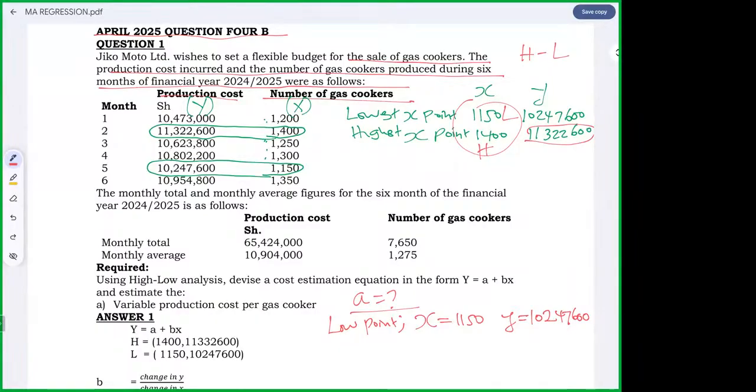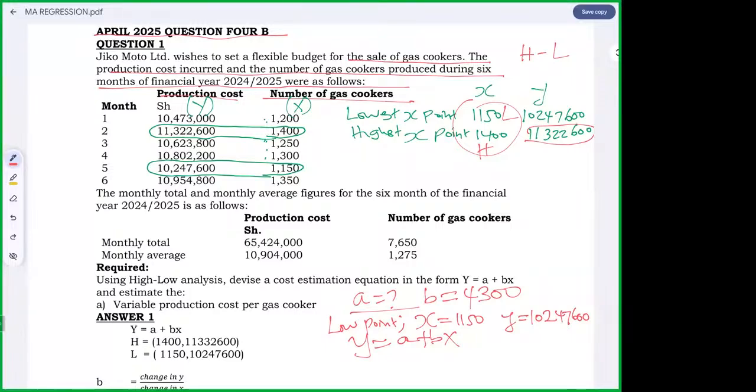So this is X and this is Y. All right. So then what you need to do, once you have this and you know the value of B, you see we know that B is 4,300. So what you need to do is to come here and give us the general equation. We know the general high-low equation looks like this: Y equals A plus BX.